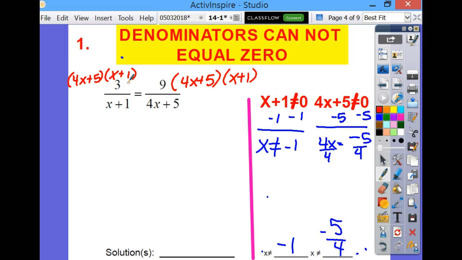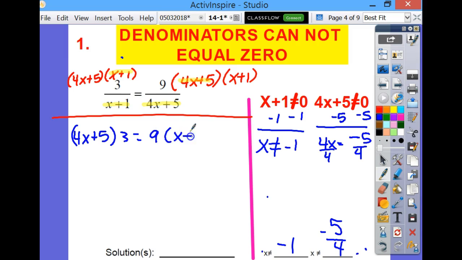Now, of course, if you multiply both sides of the proportion by the LCD, this is going to cancel out. This is going to cancel out. This is what you're going to have left. So probably at this point, somebody is thinking, why did she tell me to do that?